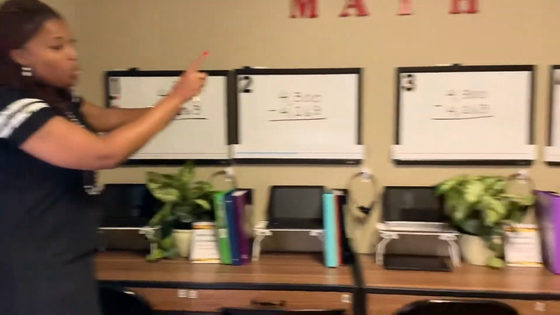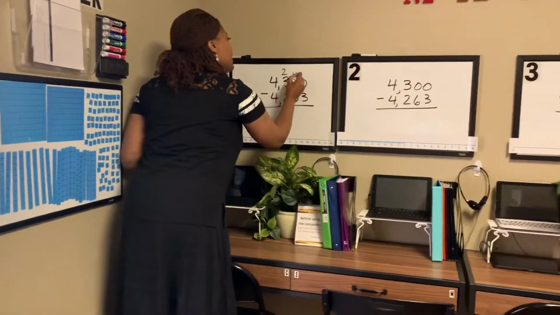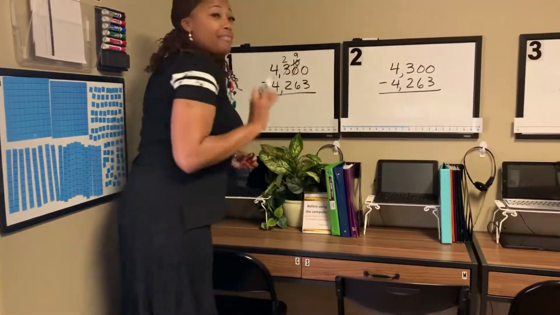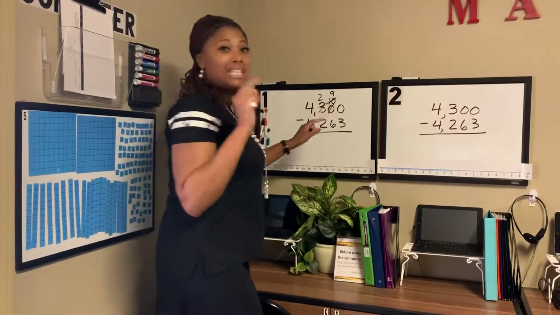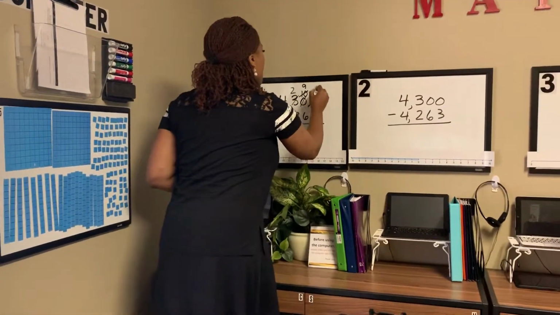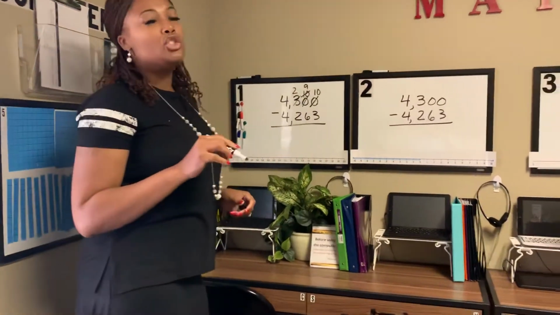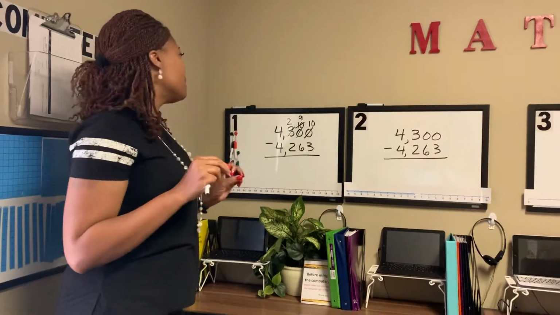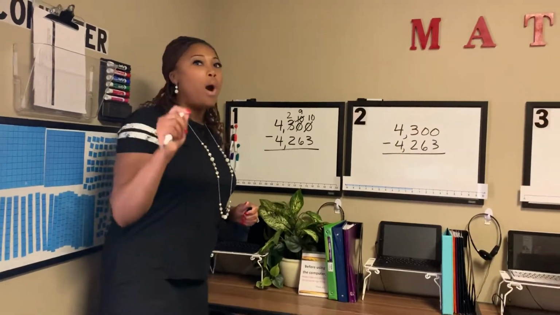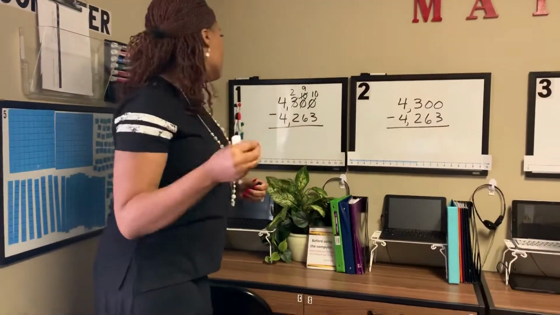And I know that 10 equals 10 ones. Well, I need one of these tens, so now I have 9 tens, and I have a great understanding that 10 is 10 ones. You do not want to teach a student to just mark out zeros and put numbers up there without understanding why they are putting the numbers there.